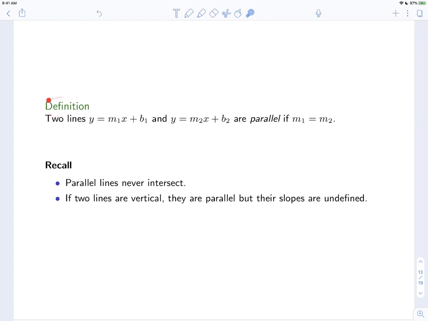So this definition only applies for lines that are not vertical. Two non-vertical lines are parallel if they have the same slope. If two lines are vertical, then we just simply say that they're parallel because they're both vertical.